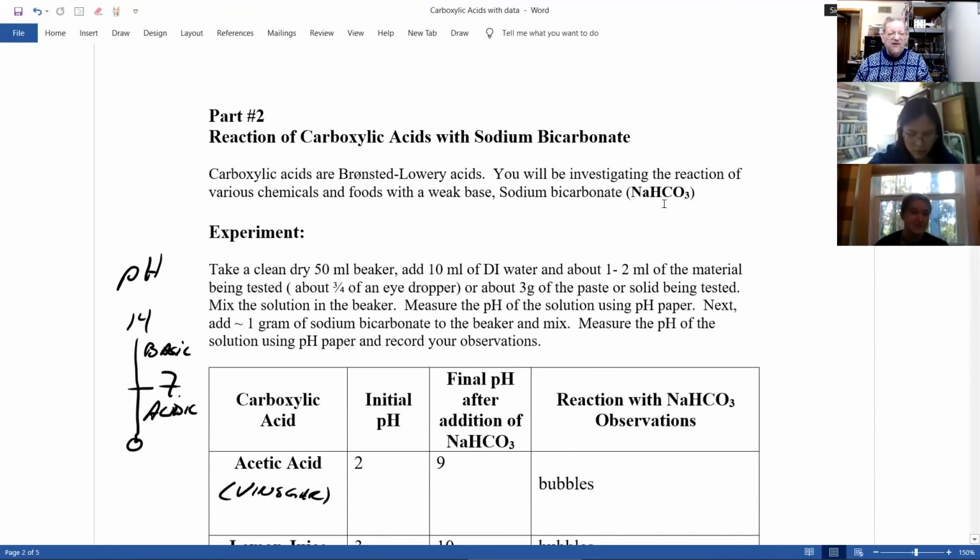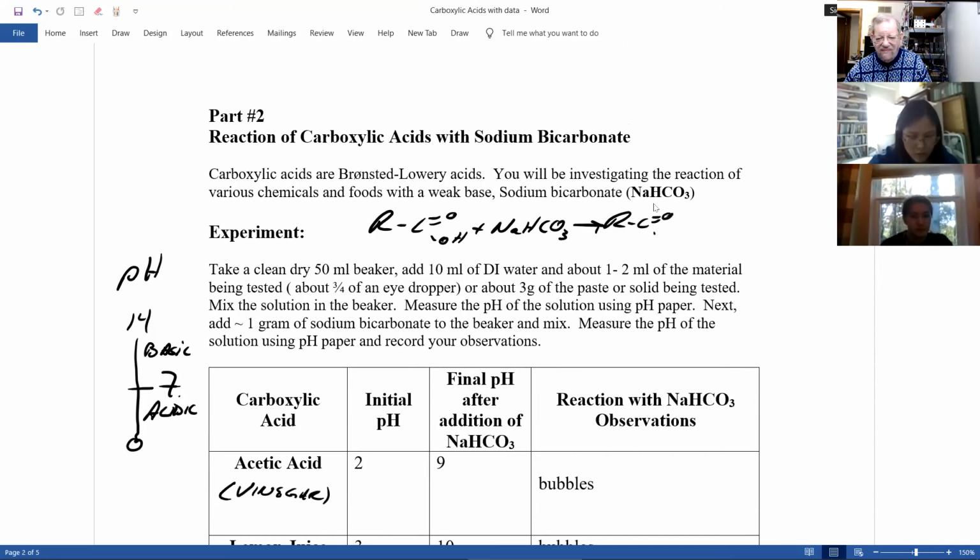And for this, the general reaction, which I taught you already, is you get a carboxylate anion, carbon dioxide, and water.